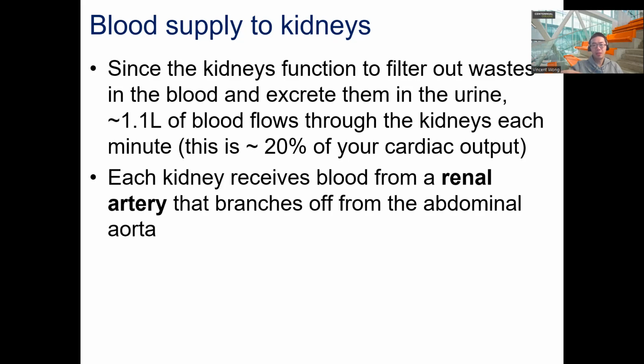I remember cardiac output is the total volume of blood that you pump out per minute, and 20% of that volume will end up going through your kidneys. And we know that the kidneys receive blood from the renal artery that branches off from the abdominal aorta. So just a little bit of new information here. Otherwise, it's the same thing that we have been talking about.